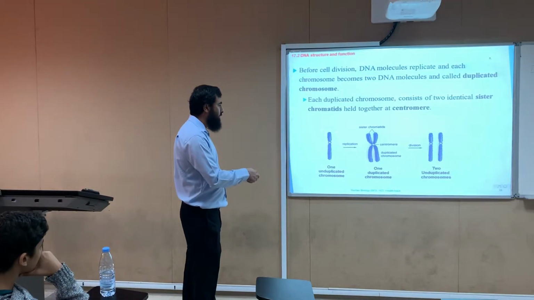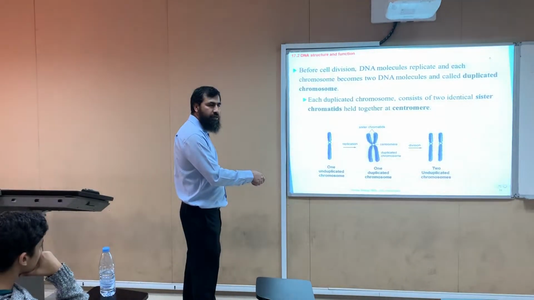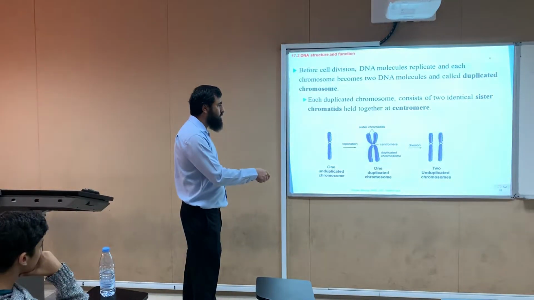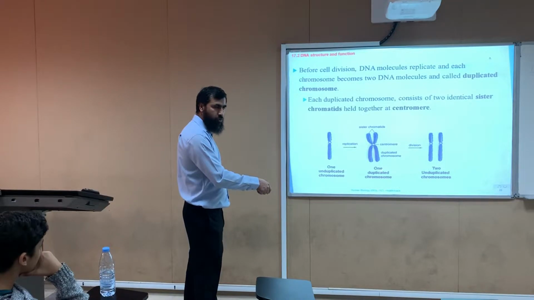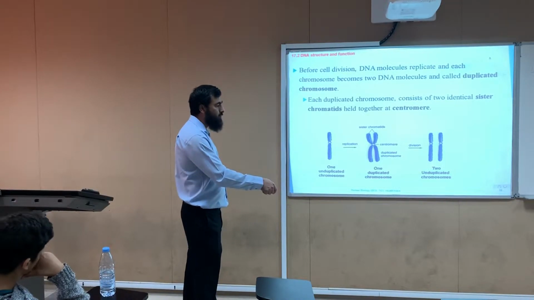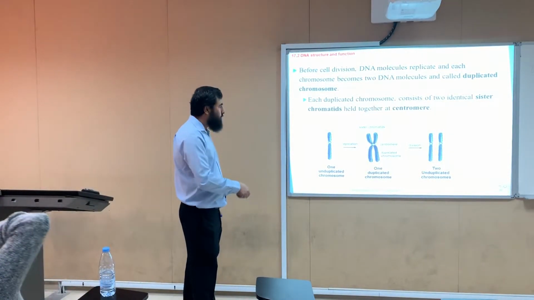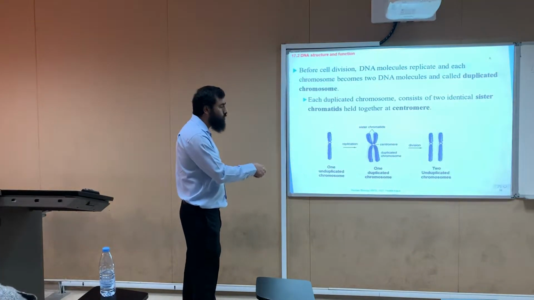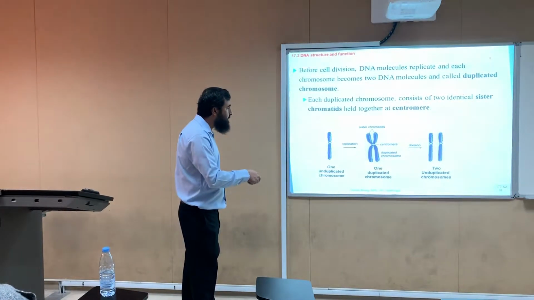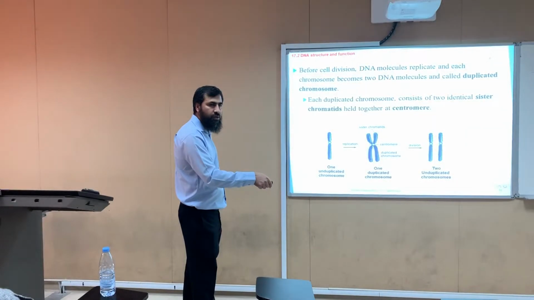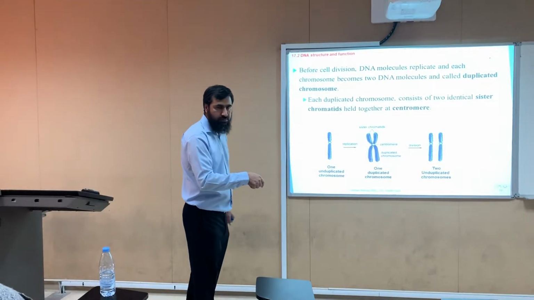So before cell division, you have an unduplicated chromosome, then DNA replication, then two sister chromatids joined at the centromere forming one duplicated chromosome, and later you get unduplicated again. In humans, we have 46 chromosomes, so this happens to each one of those before cell division.